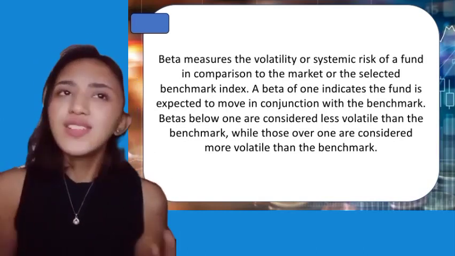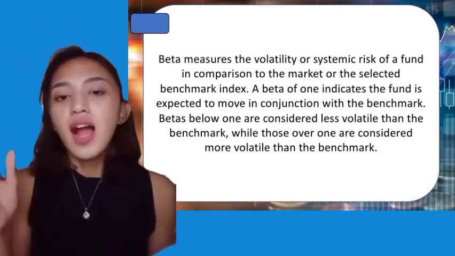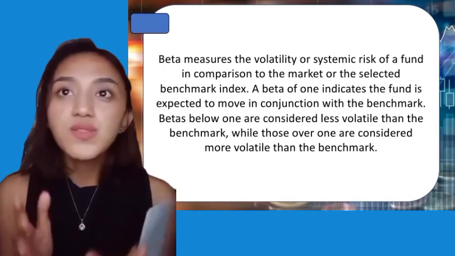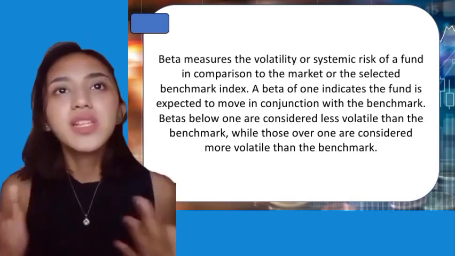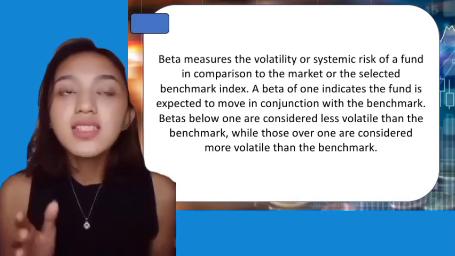So how does beta work? Remember, beta is a measure of how much the stock moves relative to the index. It can be thought of as a scale in which a beta of 1 is the midpoint.